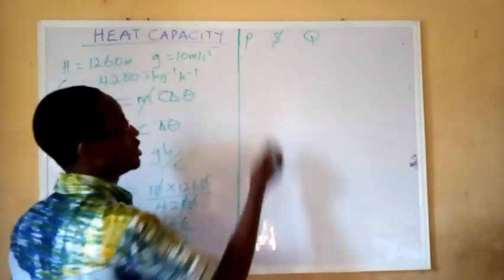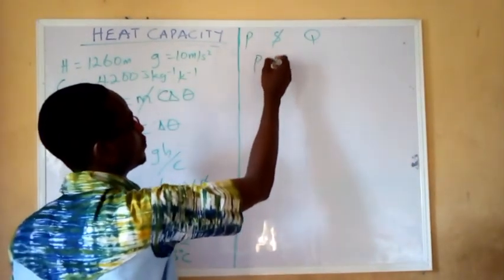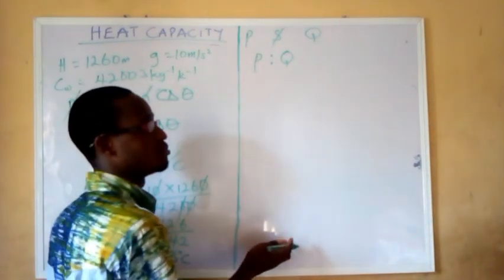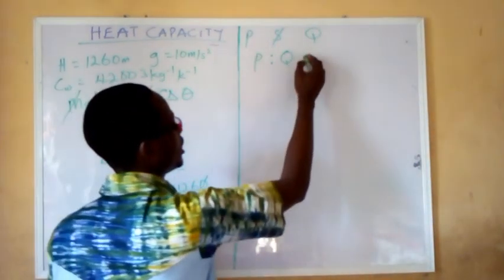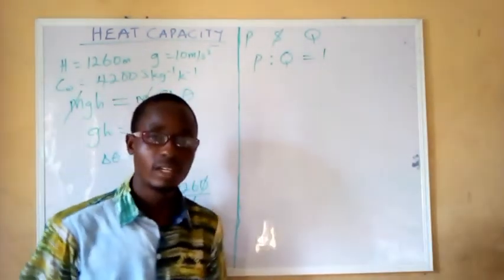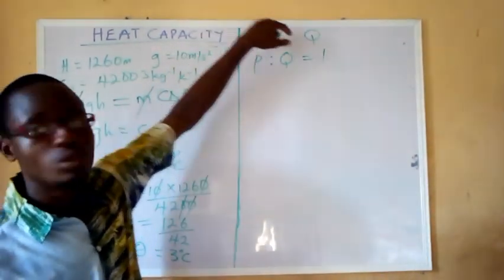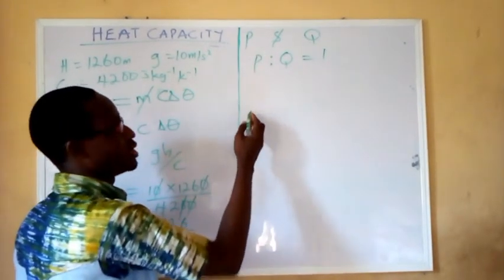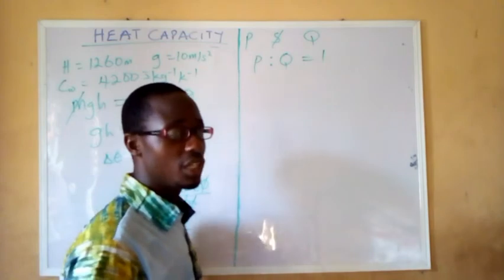So it is very easy. P ratio Q, talking about their masses, is the same. Let's say it's 1. The ratio of mass P to Q is 1. Good. And we are also talking about their specific heat capacity.